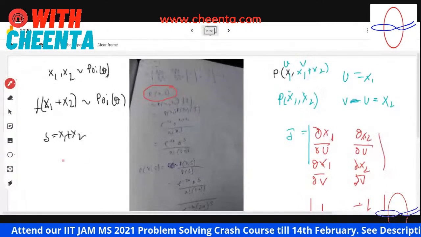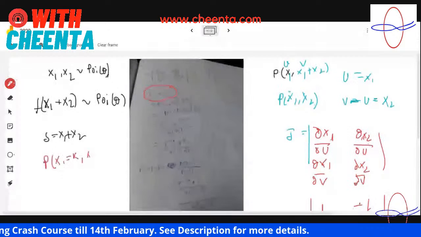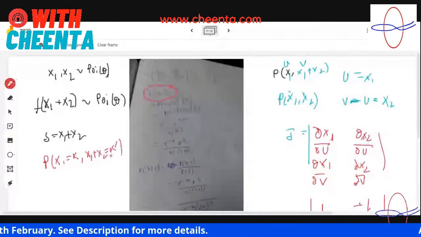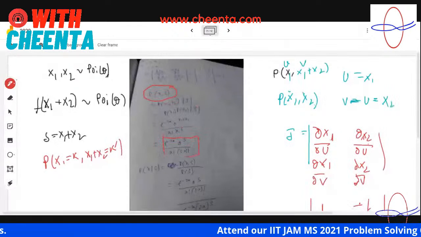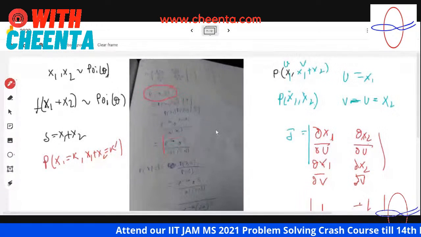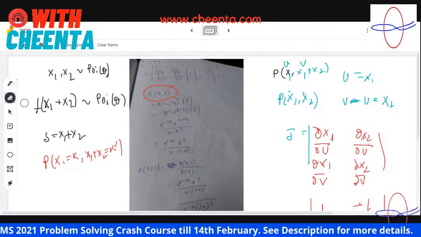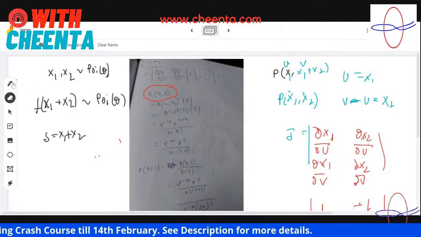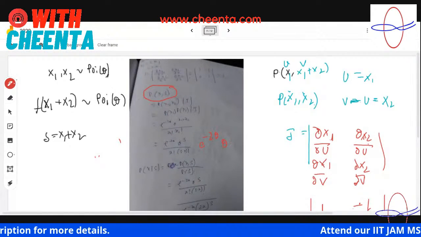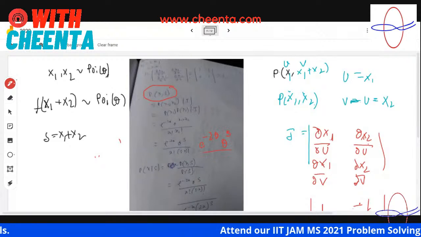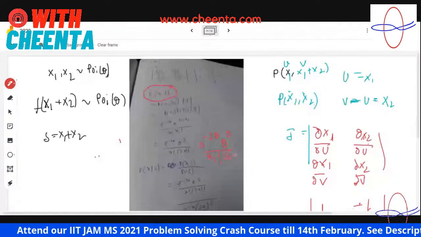So you can find the probability of x1 equal to k and x1 plus x2 equal to k dash, and you can easily find that it is e to the power minus twice theta, theta to the power s, over x1 factorial times x2 factorial.